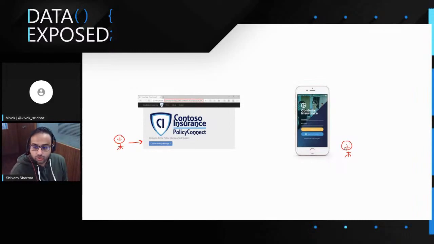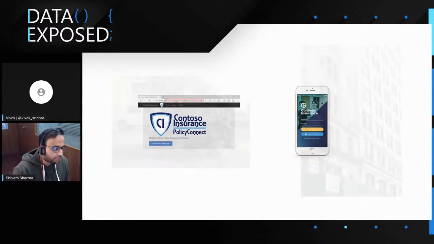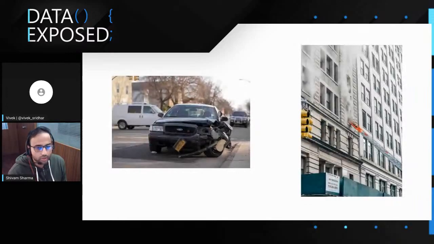The customers also upload pictures, like before and after pictures: what the situation was before, any previous picture, and then what the situation of the particular vehicle is after the accident. So these are some basic things the customers have to do to claim the insurance. This is where you can have a vehicle insurance or home insurance scenario.